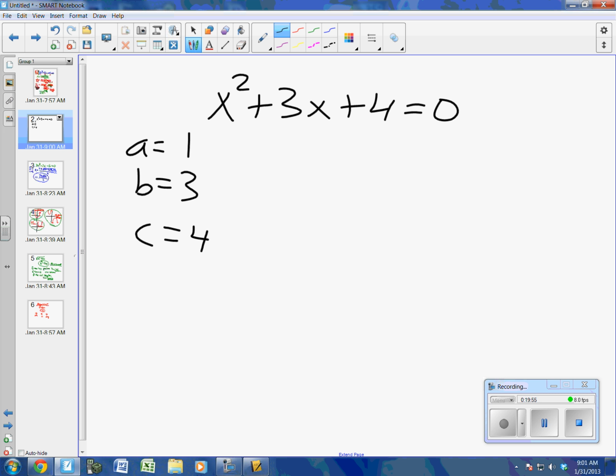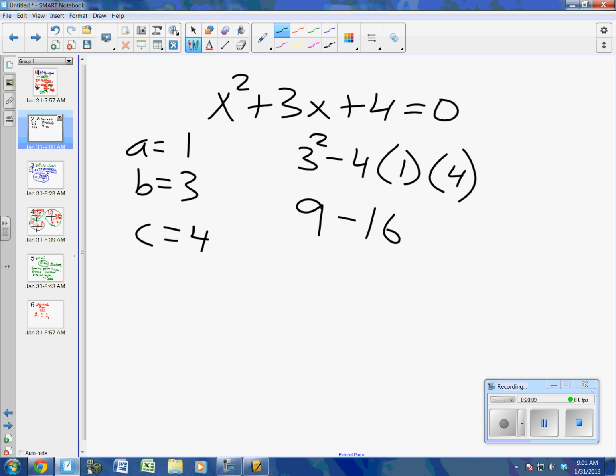So I'm going to go b squared, 3 squared minus 4 times 1 times 4, right? That's 9. 4 times 1 times 4 is 16. 9 minus 16 is negative 7. There's one of my negative ones. Okay? That's all you do.